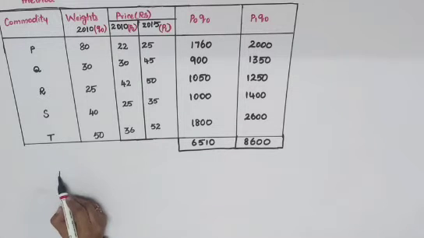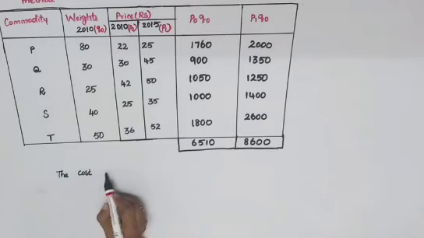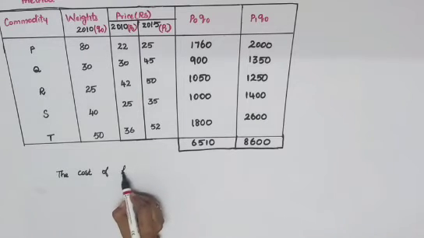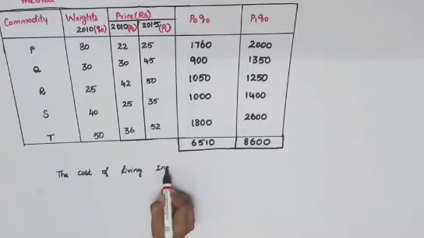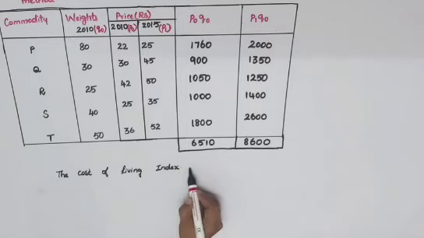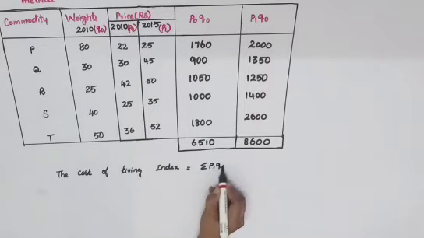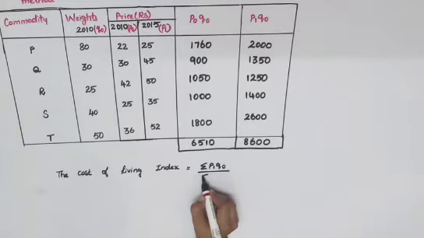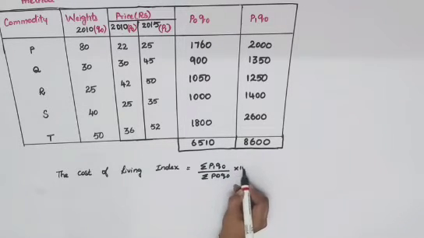The cost of living index, your formula for the aggregate expenditure method is sigma P1 Q0 divided by sigma P0 Q0 into 100.